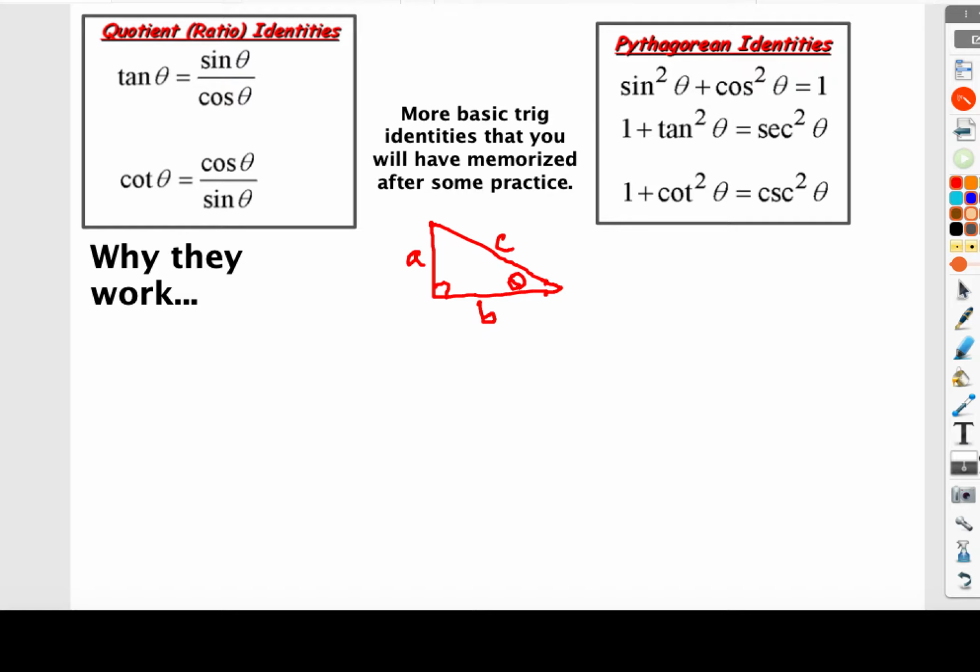Well, if we think about that tangent up top here, tangent equals sine over cosine, definitely a ratio or an identity we want to get to know. Think about that.